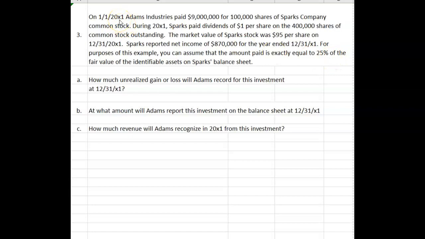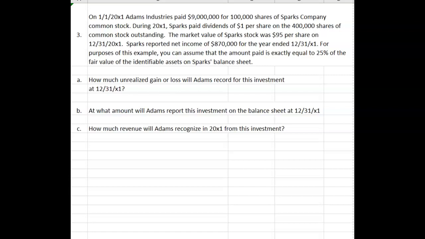On 1/1/X1, Adams Industries paid $9 million for 100,000 shares of Sparks Company common stock. During X1, Sparks paid dividends of $1 per share on the 400,000 shares of common stock outstanding throughout the year.